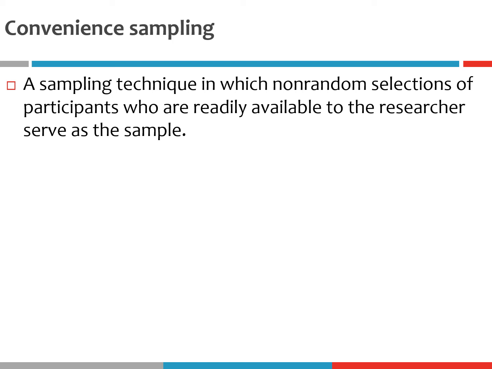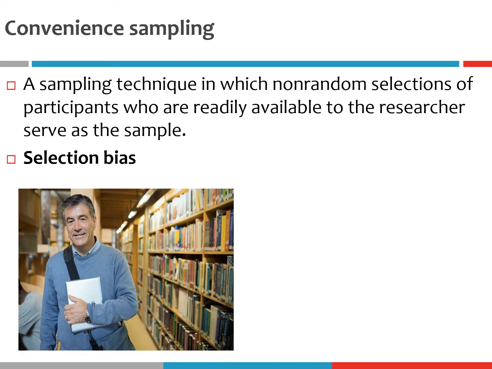And while this seems like a minor issue, failing to account for non-traditional students could result in something like an age bias. If you only have young people in your sample, it's not going to be representative. So again, when certain students are more likely to participate in our experiment than other students, we have what's called a selection bias.